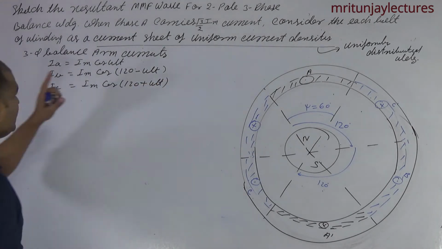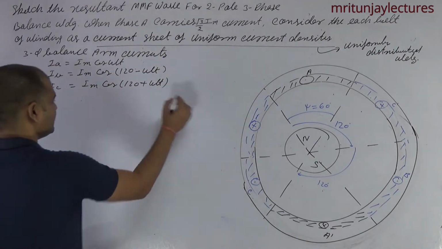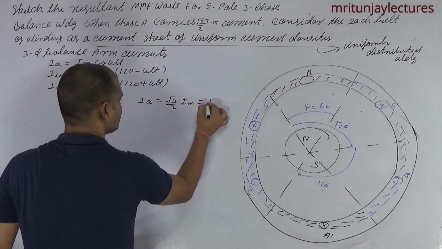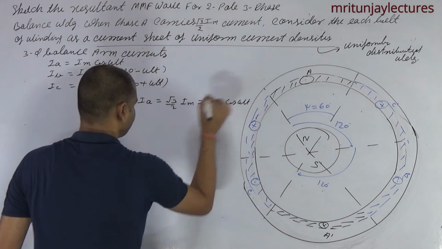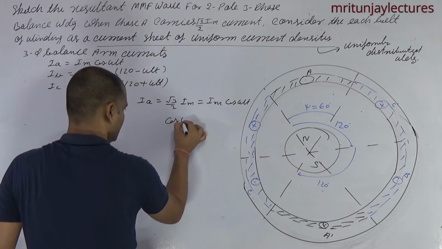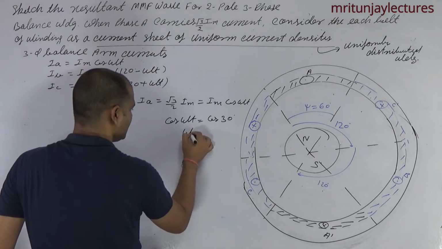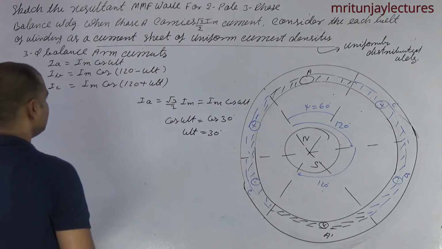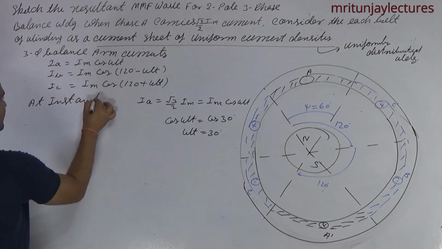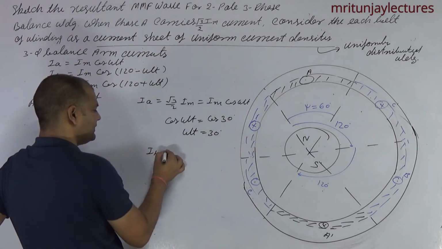Corresponding question: when phase A carries √3/2 Im current, Ia equals √3/2 Im, meaning Im cos omega t is written as cos 30 degrees, so omega t is 30 degrees. What about Ib at that time?